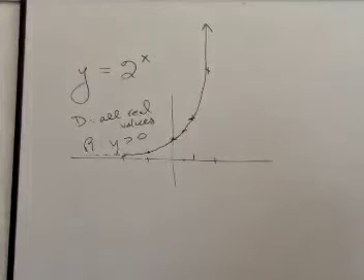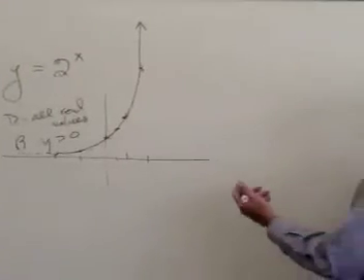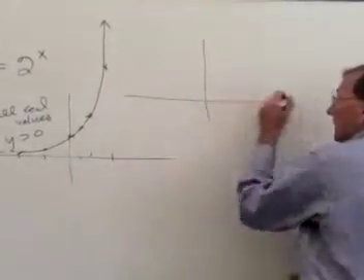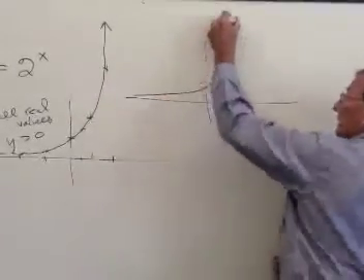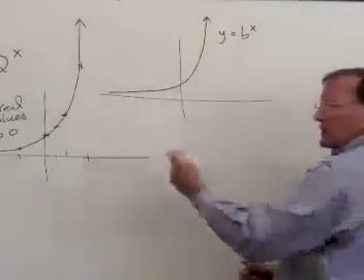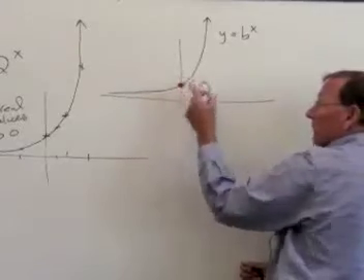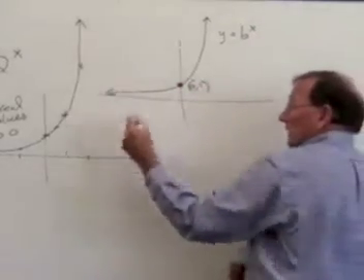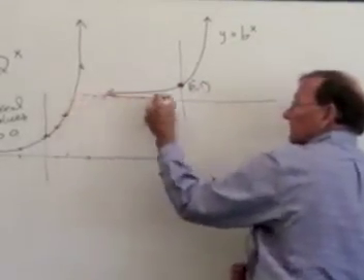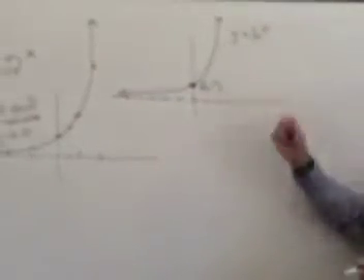That's true for 2 to the x, but what about 4 to the x, 5 to the x, 7 to the x? We realized pretty quickly that y equals b to the x has a very similar shape, going through this anchor point 0, 1, having an asymptote at the x-axis, and basically rising very quickly.